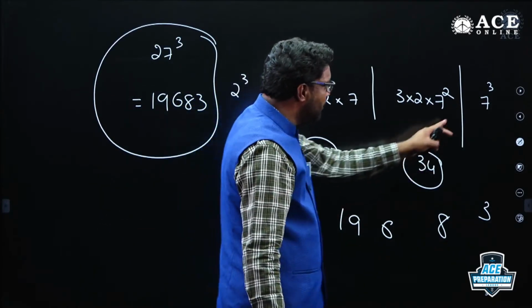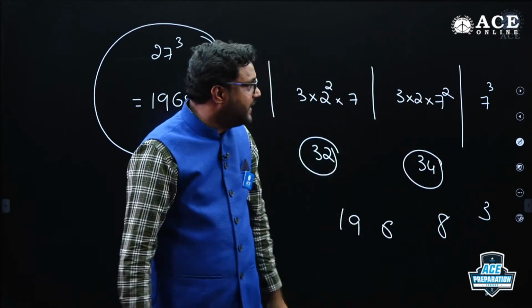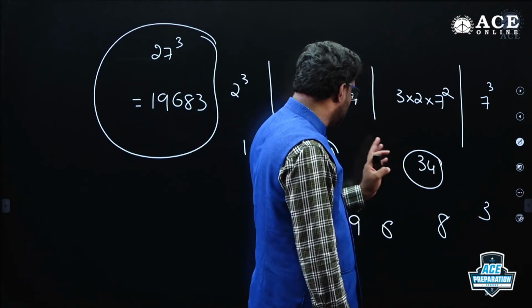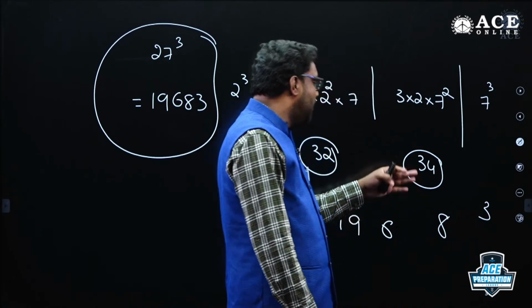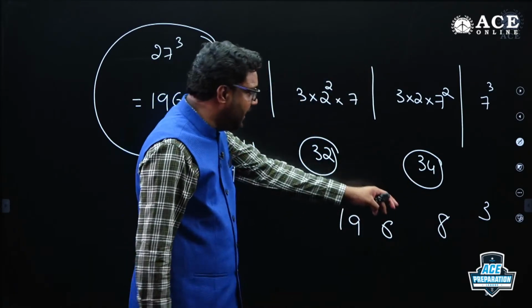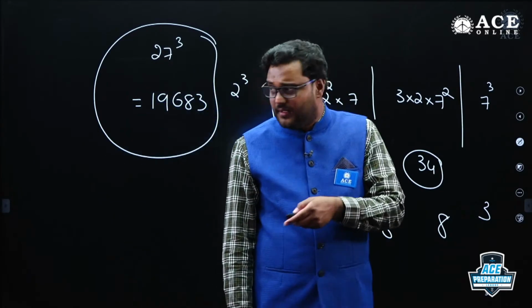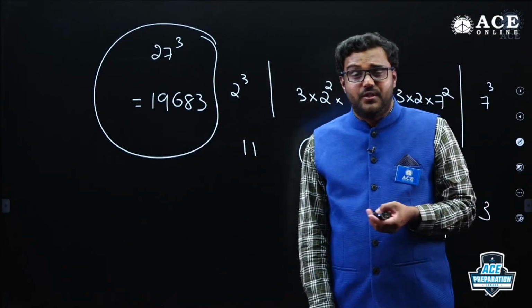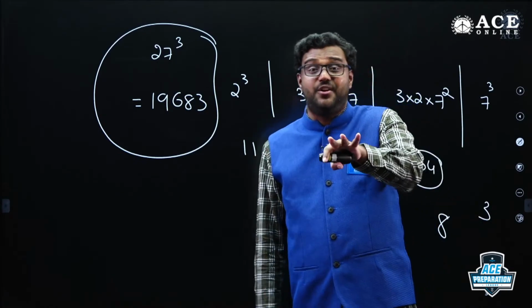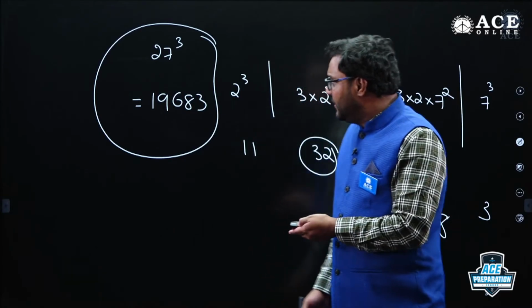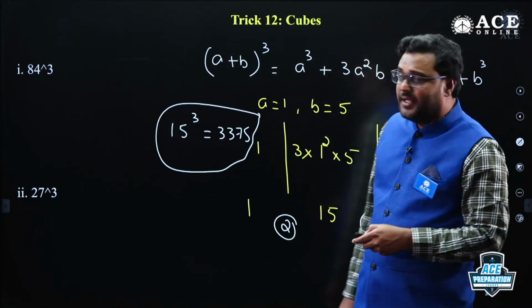Check this: 7 cube, we got 343. 6 into 49 gives 294. Along with this 34, we got 328. 8 here, 32 carry forward. This is taking time, I agree, but with cubes that's how we have to go ahead. 27 cube can also be written as 27 square into 27, which is convenient, you can go ahead with that method. That's how we should handle cubes, my dear friends.